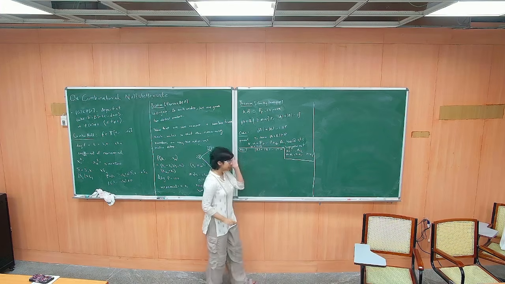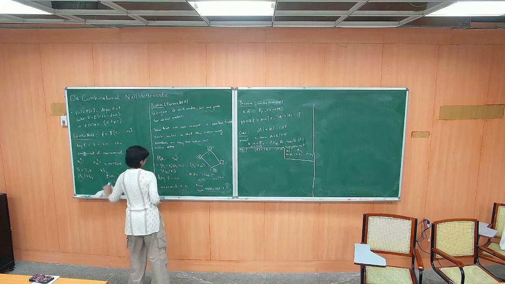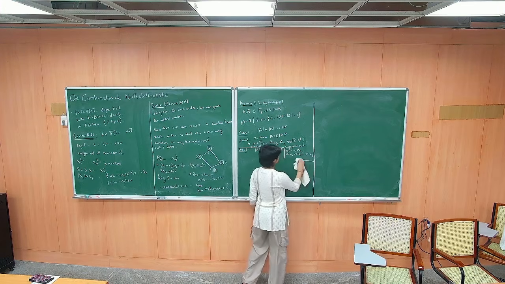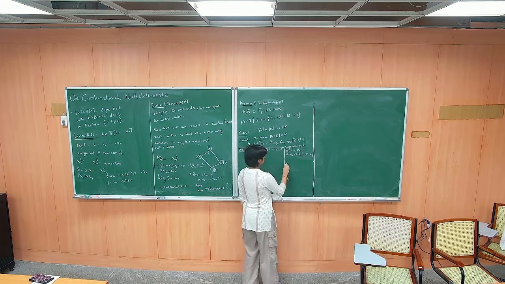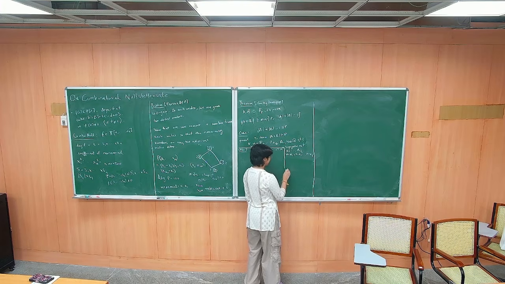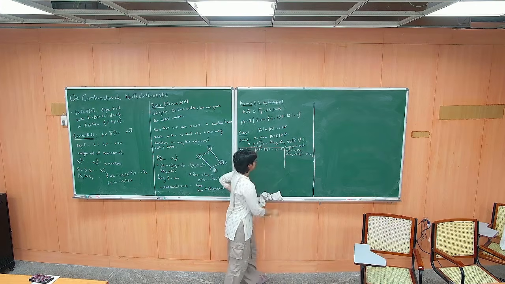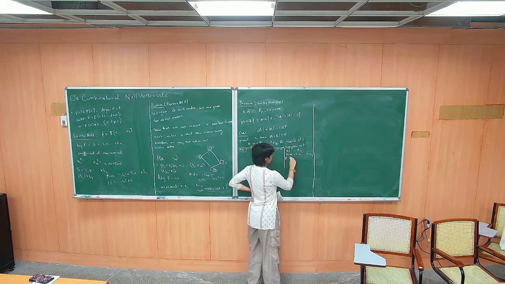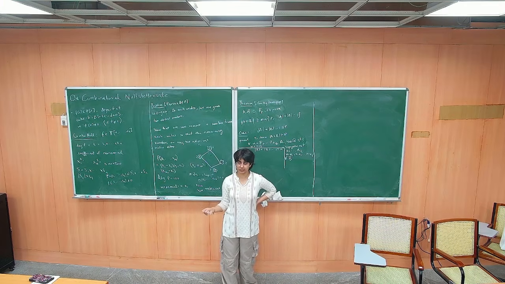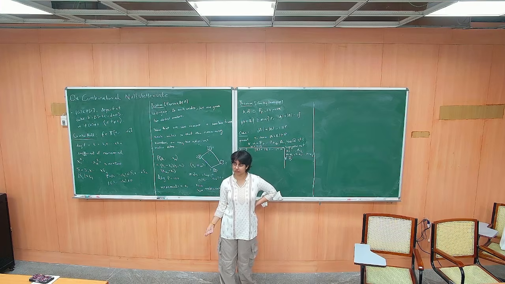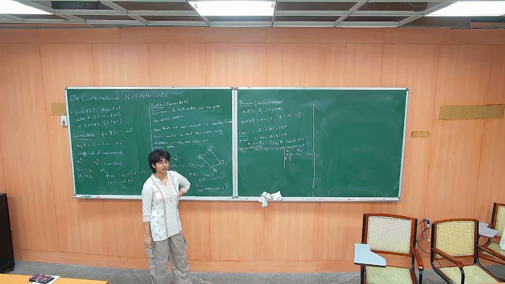This already gives an upper bound on the cardinality of B. So these things do not belong to B. So do you guys see an upper bound on it?